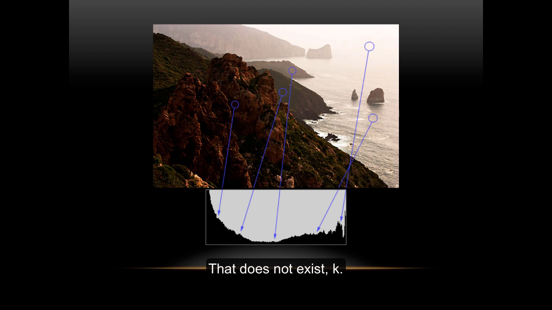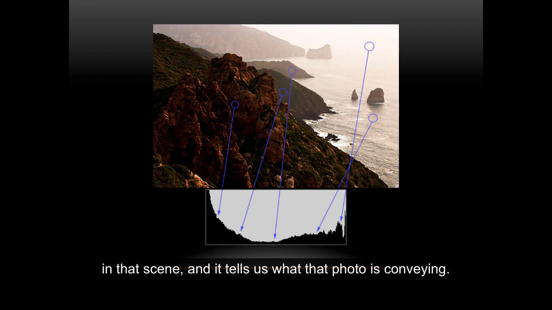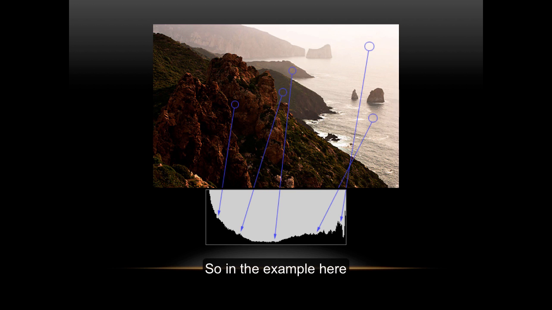That does not exist. A histogram, remember, is a representation of the tonal range in that photo, in that scene, and it tells us what that photo is conveying. So in the example here, it contains a fairly broad tonal range.